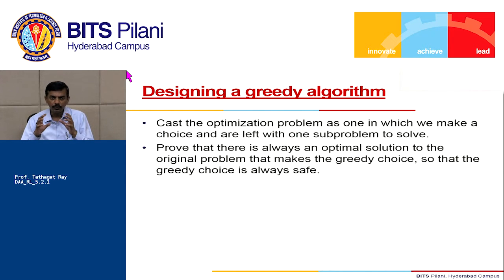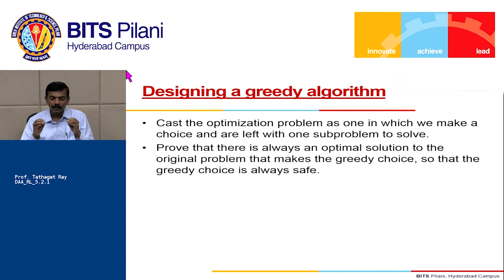Then you prove that there is always an optimal solution to the original problem that makes the greedy choice. So what it is saying is, if you look at the optimal solution to your original problem, it is going to make the greedy choice. If I put the greedy choice, it's not going to hurt my optimal solution.